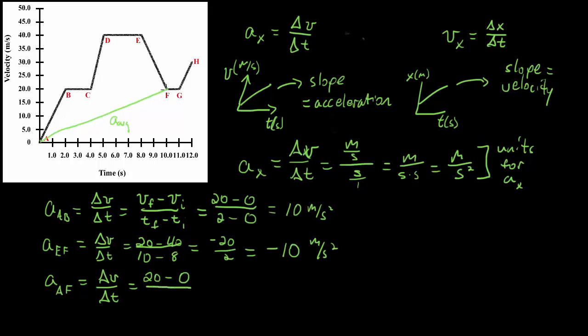And we divide that by the time, so that's 10 seconds minus 0, so I get 20 over 10, which is 2 meters per second squared. So even though my velocity jumped around a lot, the average acceleration over this time period is just the slope of this line that connects the beginning and the end, which is 2 meters per second squared. So that should cover it.